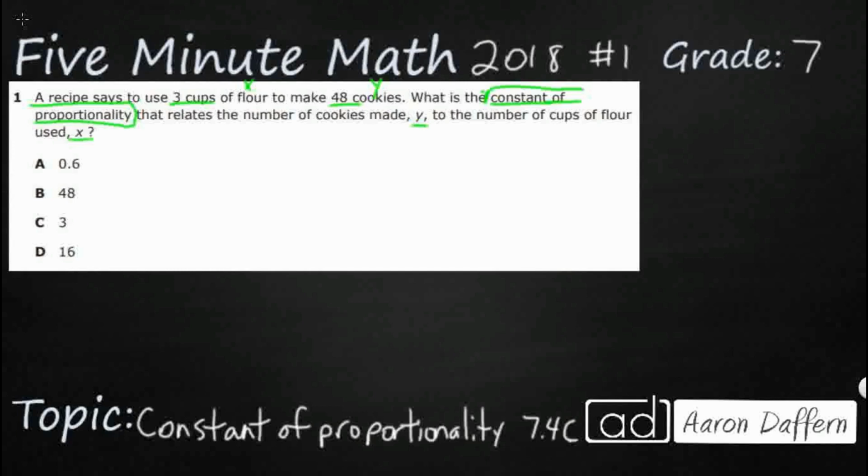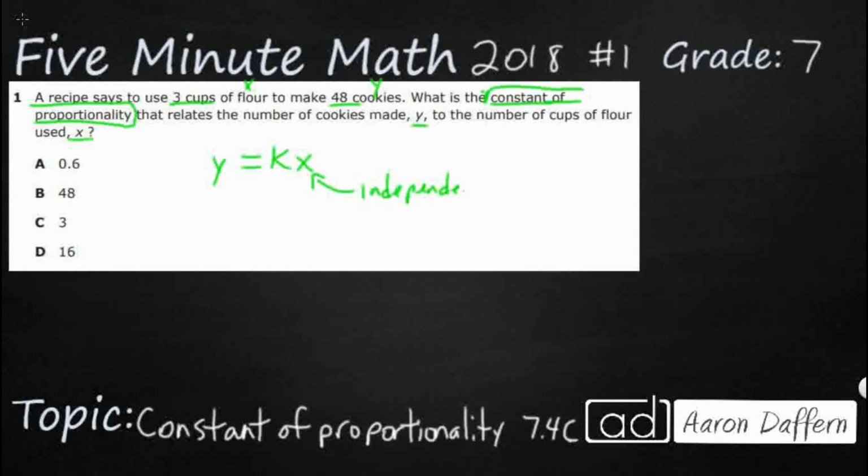So let's view this in a typical equation. When we're dealing with ratios and proportions, it's going to be y equals kx. And let's label all of these. So this first variable that we start with is our x, and it's our independent variable.